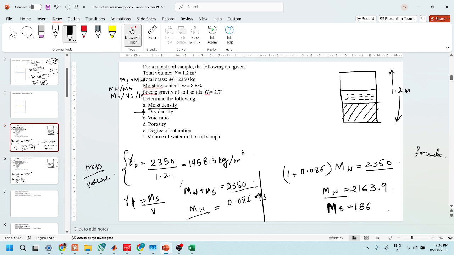2350 kg over 1.2, which is 1958.3. So gamma bulk is correct. Total weight over total volume.